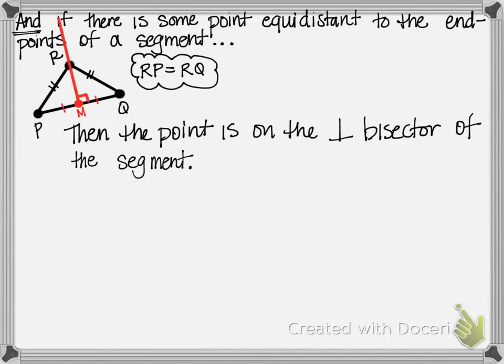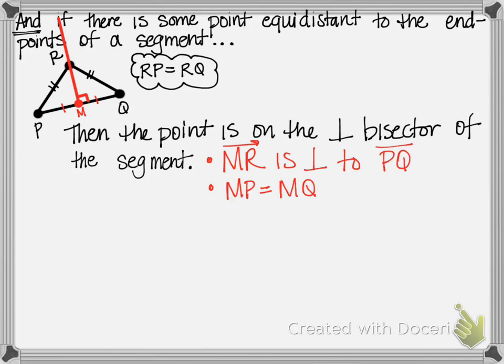So if we draw this perpendicular bisector, we can see that this ray MR is perpendicular to the segment PQ, and the distance from M to P and the distance from M to Q are the same, making it bisect the segment PQ. So we can see that the segment MR is the perpendicular bisector.